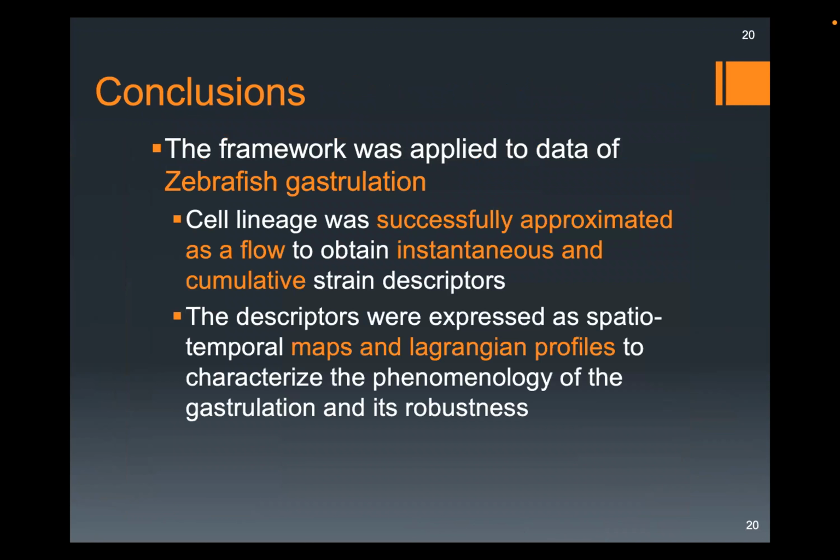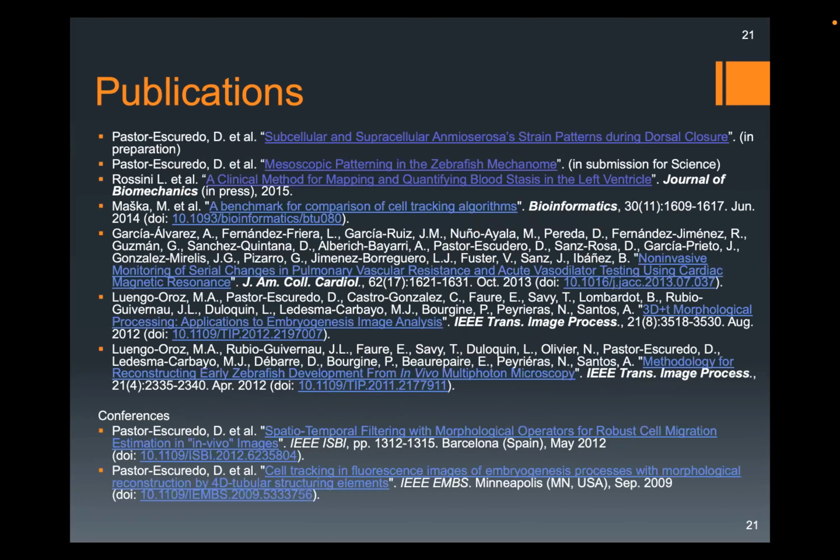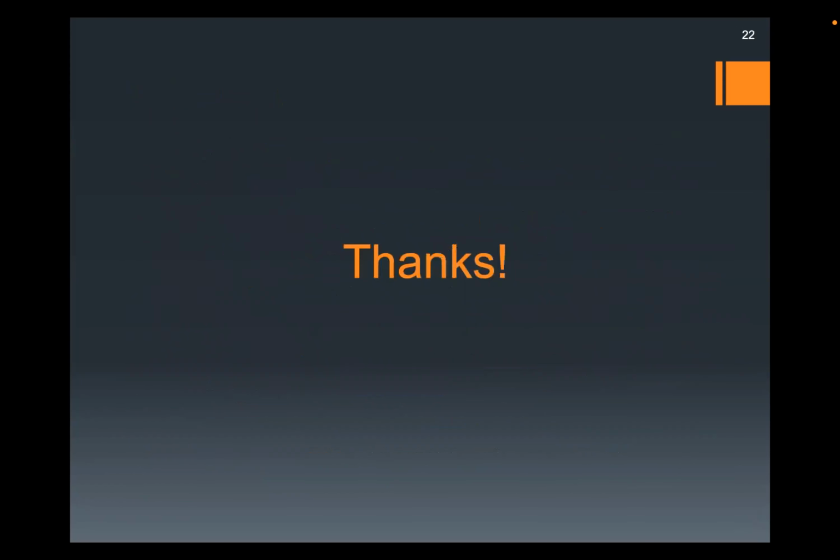So the conclusion is that you can approximate the cell lineage as a flow, and then you can get Lagrangian maps along time to see how the cells experience deformation. And with this, you can observe that there's some kind of fluid behavior of the embryo to give shape to a whole embryo pattern instead of a tissue pattern. And with this kind of embryo level pattern, you are able to give rise to the vertebrates.